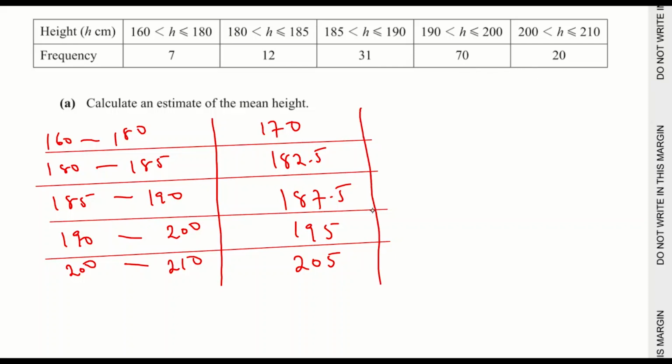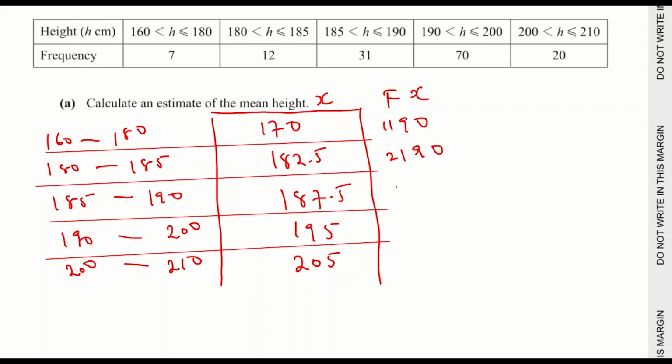So we can get the product. So sorry for that. I can refer to this column as x. Okay, so the next column will be the product of f and x, that is 7 times 170. So this will give us 1190. This will give us 2190.